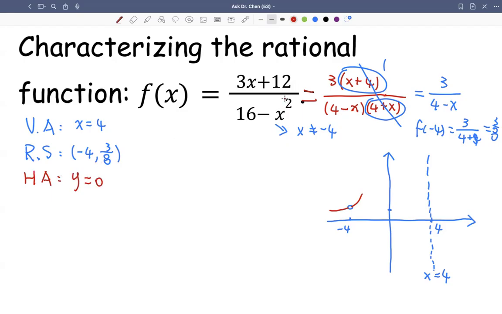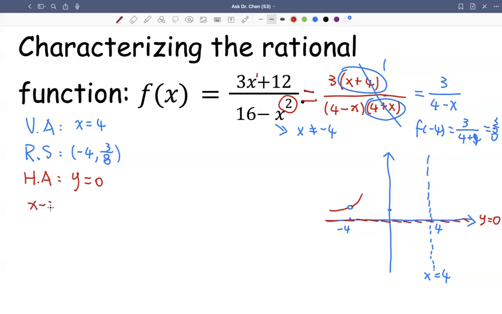In this case, the denominator is a polynomial of degree 2 and the numerator is a polynomial of degree 1. So the horizontal asymptote is y equals 0, which is the x-axis. This means the graph will never cross the x-axis, either above or below.